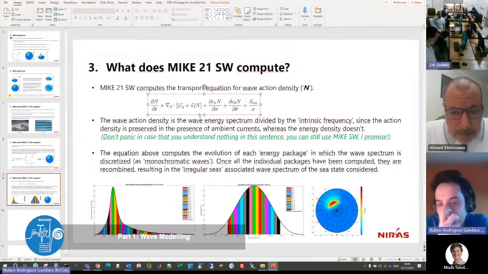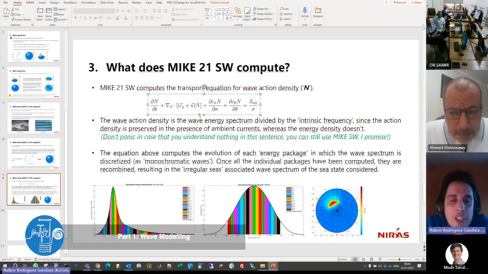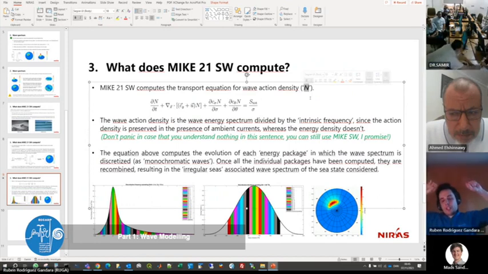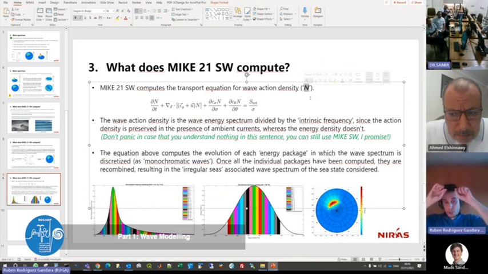So about this one. Basically, this is the equation that Mike solves, and this is what we call the wave action density. The wave action density is defined by this letter N. And what is this letter N? This letter N is basically, for a given sea state, your 3D or your 2D spectrum.